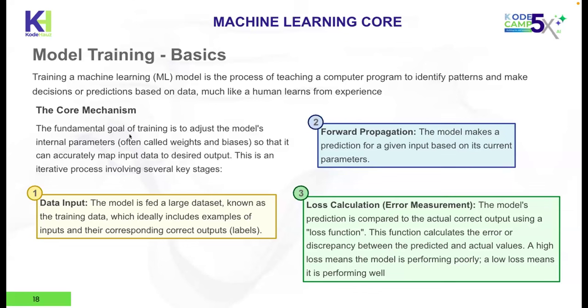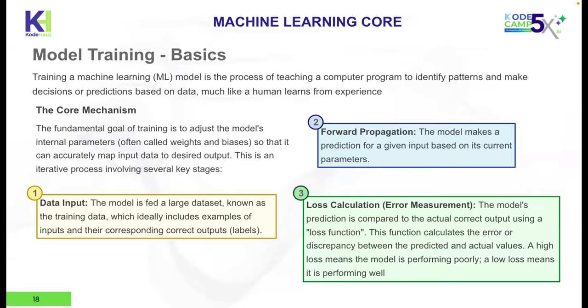The fundamental goal of training is to adjust the model's internal parameters. Those internal parameters are called weights, biases, there are different names, but the general name is parameters. Those internal parameters determine the knowledge that the model has.